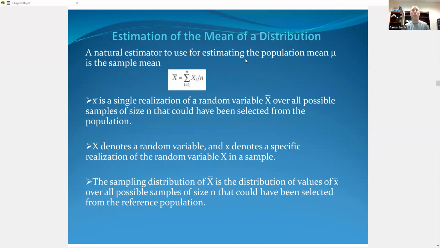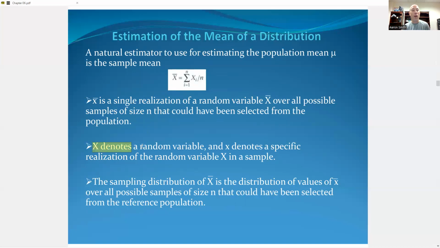Now, for estimation of the mean of the distribution, a natural estimator to use for estimating the population mean, mu, is the sample mean. By far the most common, the benchmark way to go, is just to take the arithmetic average. X bar is a single realization of a random variable over all possible samples of size n that could have been selected from the population.